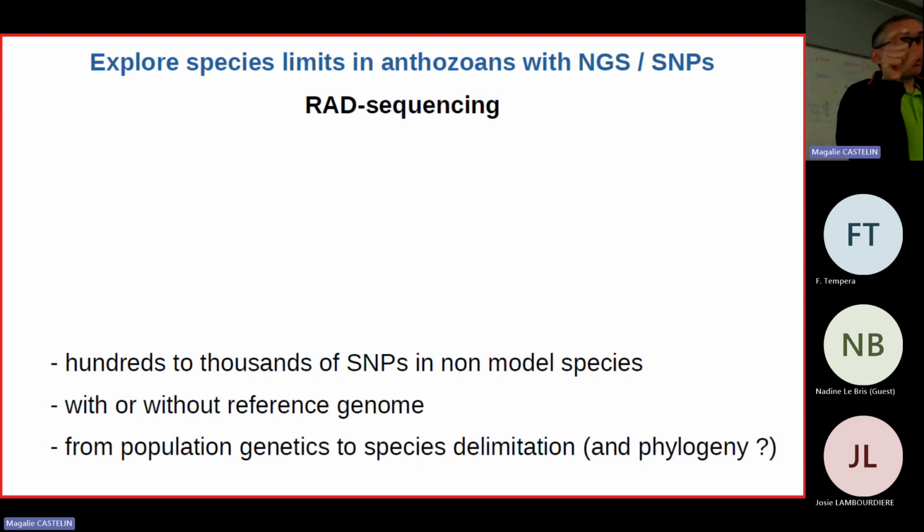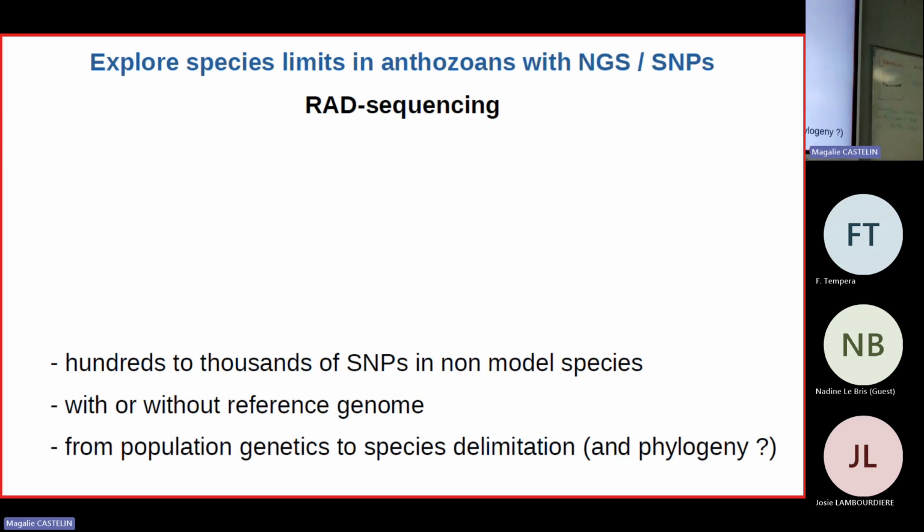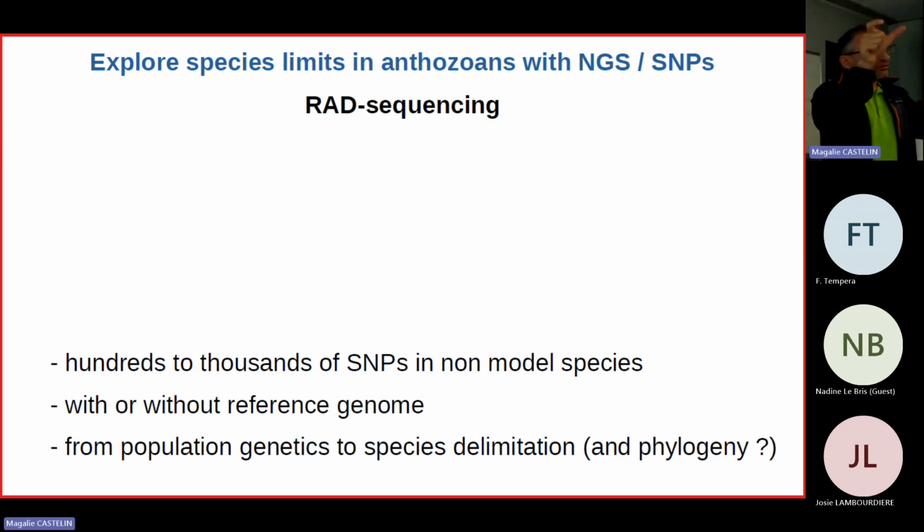This enzyme will cut the genome at specific sequences, so stretches of sequences around 6 base pairs, for example. And you will sequence the DNA on both sides of these short sequences. So if you do that, you expect to sequence, for example, as I said, 5% of the genome, specifically where you have these sites, where the restriction enzyme will cut the DNA.